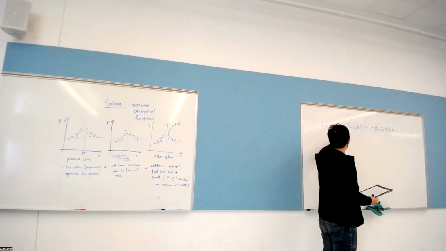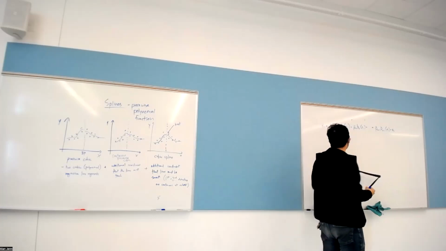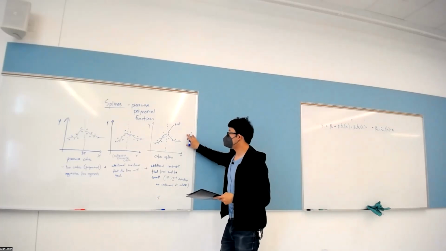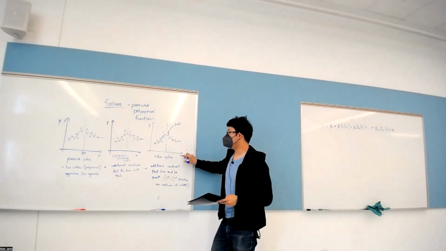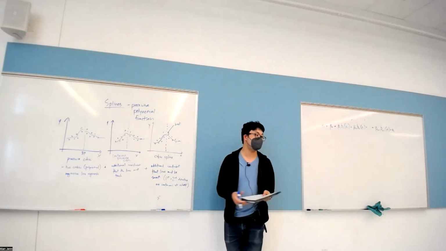Here, the x's are transformed by what's known as a basis function. And this basis function is the transformation into a cubic function with these constraints.